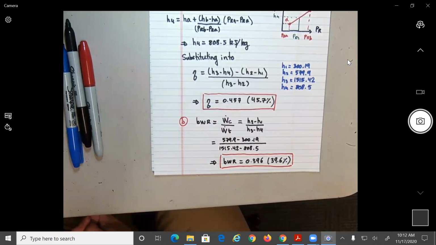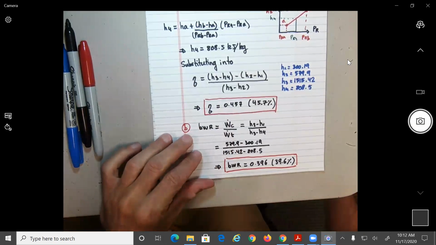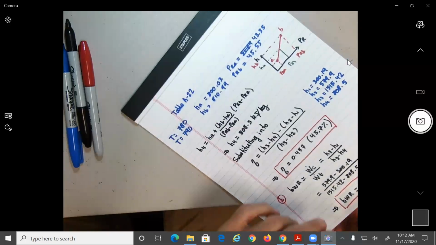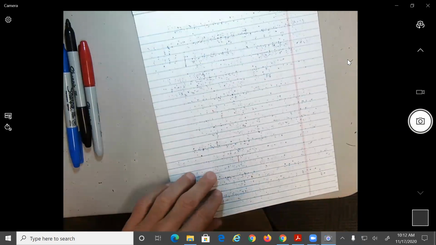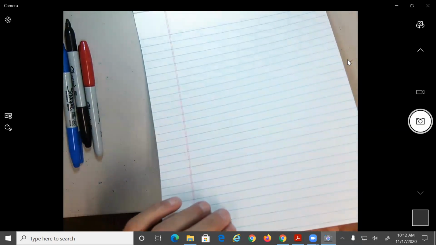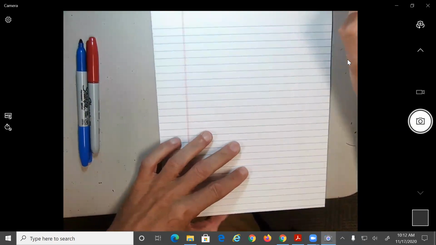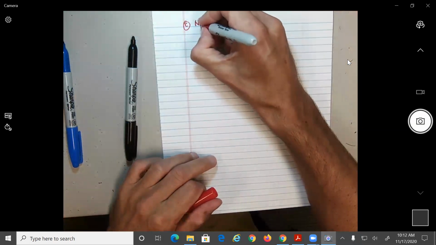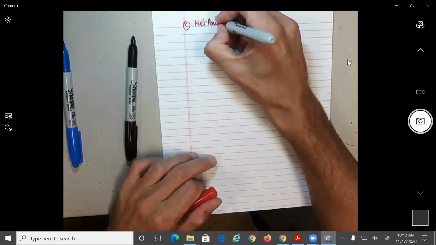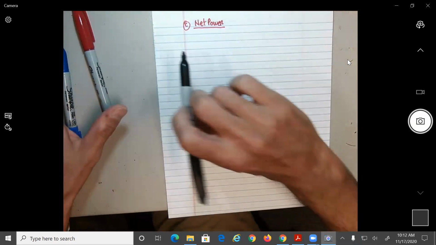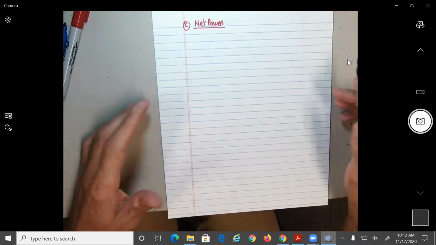Okay, and at the end, what do we need to find? They ask us to find the net power in kilowatts. Okay. So to find the net power, so C. All right, so the net power, what should it be?